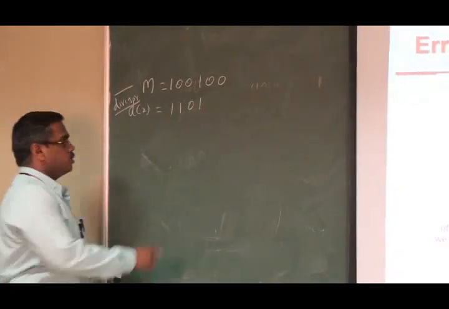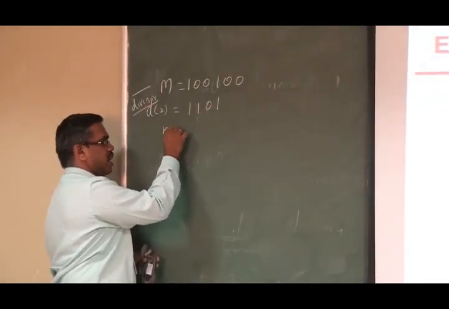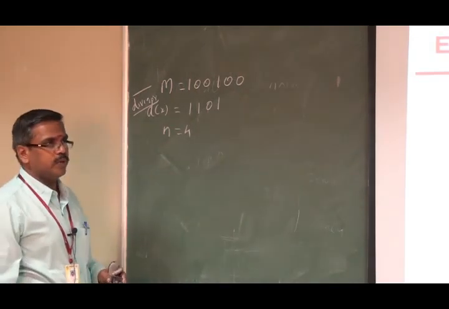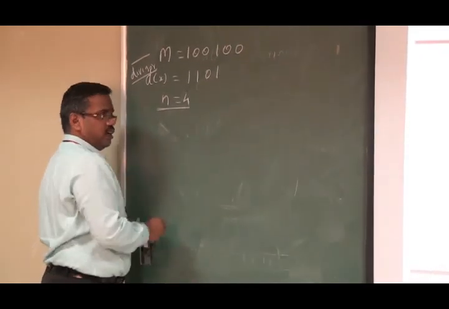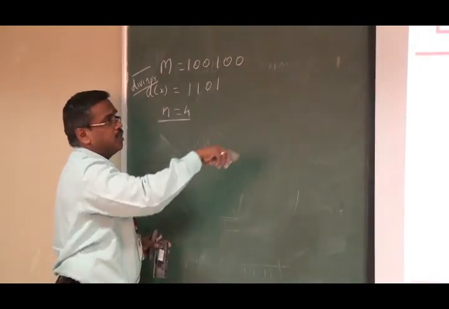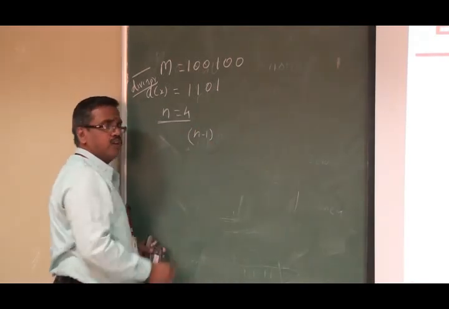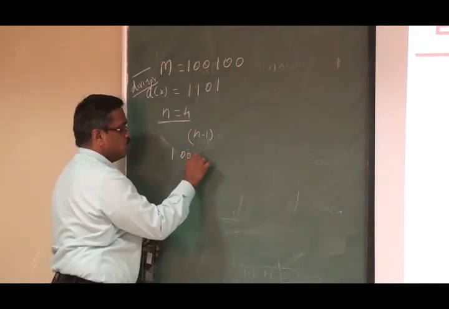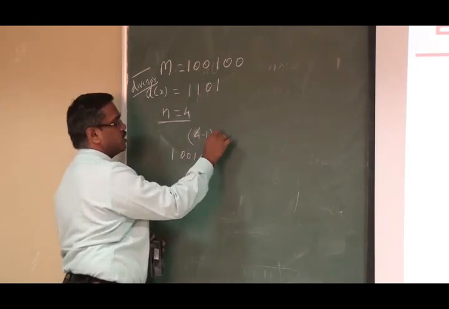1101. Count the number of bits for this divisor and call it n. n is equal to 4, so 4 bits are available here. Now make a message with n minus 1 zeros added to this message 1 0 0 1 0 0. n minus 1 is 4 minus 1, which is equal to 3.